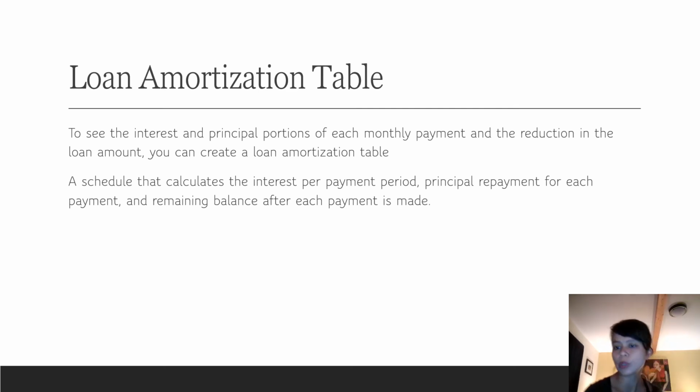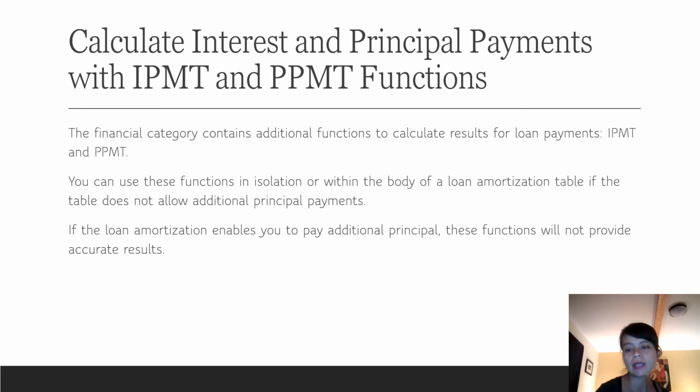In the tutorial video, I show you what the loan amortization table looks like. After that, we also look at the functions IPMT and PPMT, which help to fill up the loan amortization table.